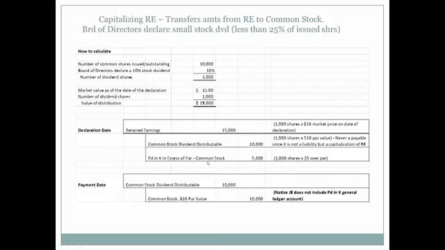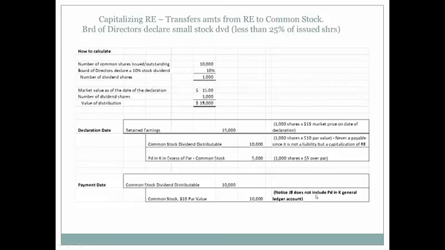Now we have this crazy little journal entry that they're going to have on the date of payment. So this will be debiting common stock dividend distributable to show the readers of the financial statements that this distributable common stock has been, that obligation has been met. And then they're going to credit common stock $10 par value, $10,000.